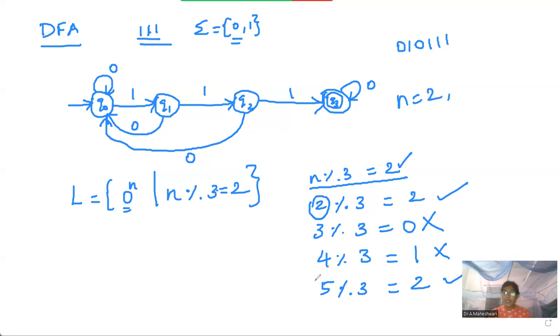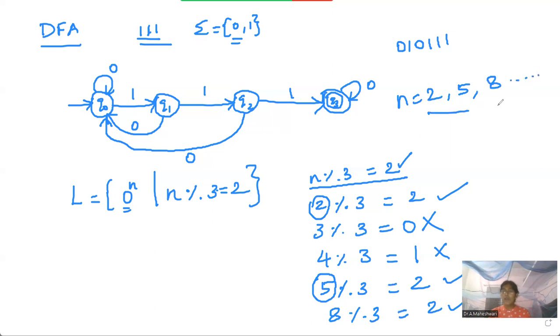Another n value is 5. What is the next value? 6, not possible. 7 also not possible. 8 is possible, right? 8 mod 3, I'll get 2. So I'll take another value as 8. Like that it goes.